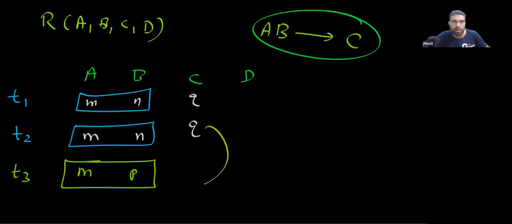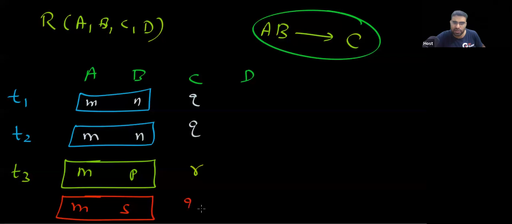So this may or may not be same, and the C value can be anything. Whatever you want, you can put. For example, this can be R also, or Q also. If you have M and S here, you can put Q also, no problem. Is this clear?